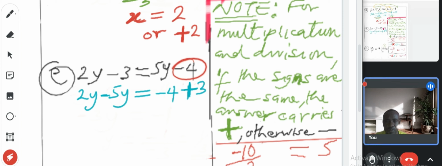I wrote the minus 4 that's there first and took this one over. Okay, let's go. 2y minus 5y. What does it give us? Wait. Are you sure? Move the 2y to the other side. I've done that already. I'm solving this now. What does this give? Oh.